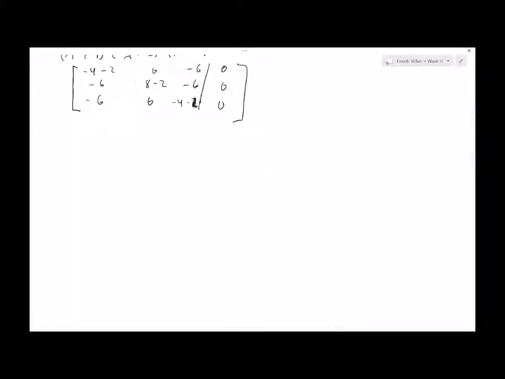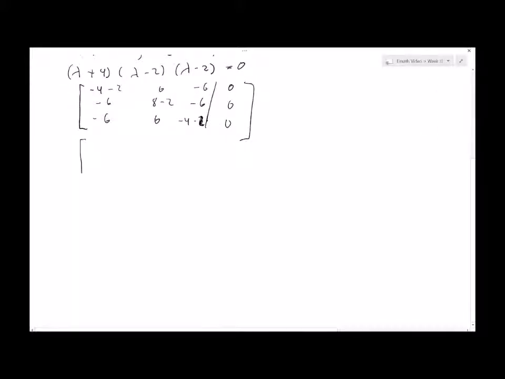Alright, so that'll simplify to give us -6, 6, -6, 0, -6, 6, -6, 0, -6, 6, -6, 0.